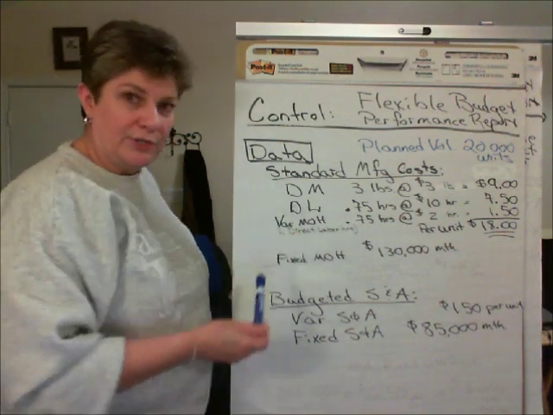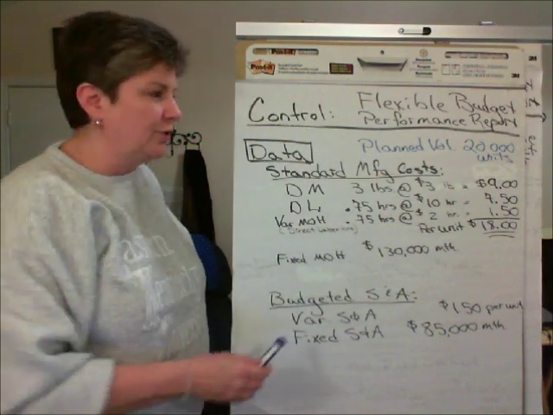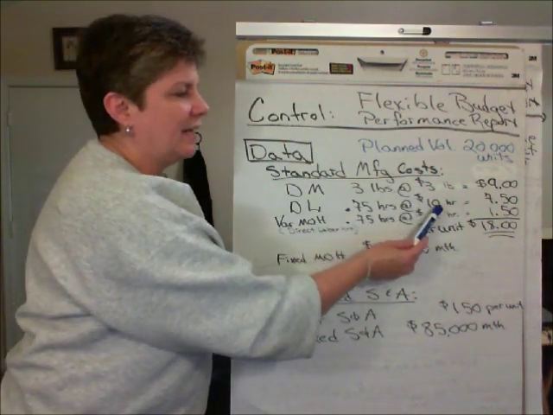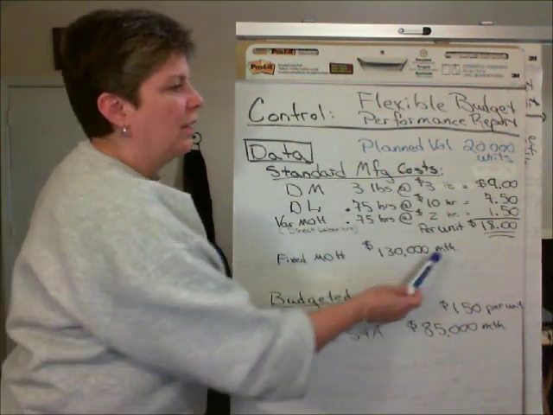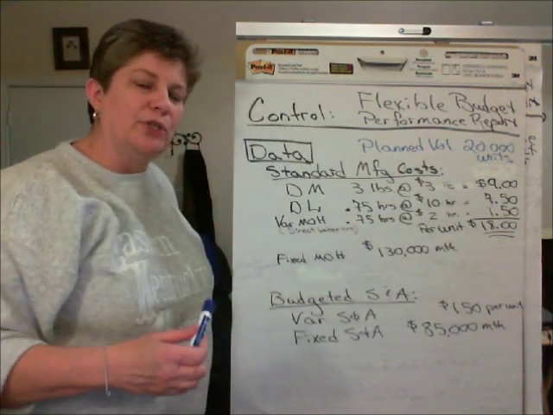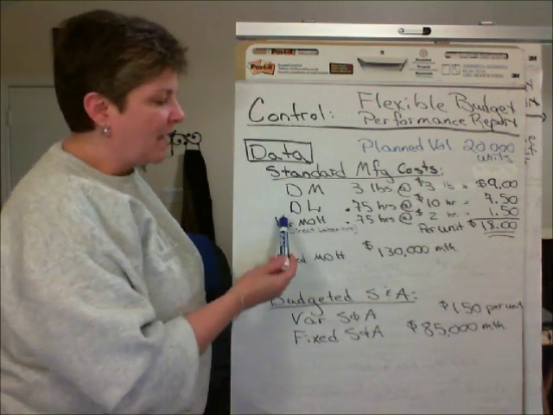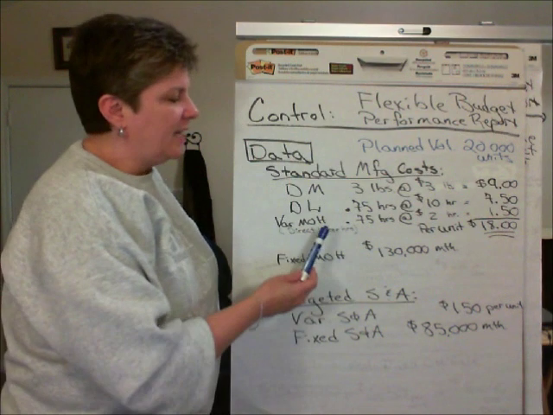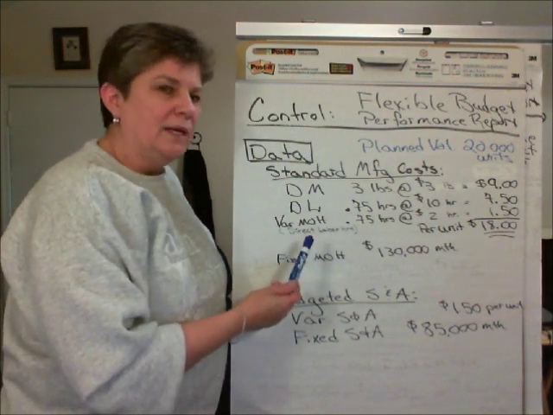Then the labor standard was 0.75 or 3/4 of an hour at a standard wage rate of $10 per hour for a standard cost per unit of product of $7.50 for labor. Variable overhead is applied using direct labor hours. So be careful.